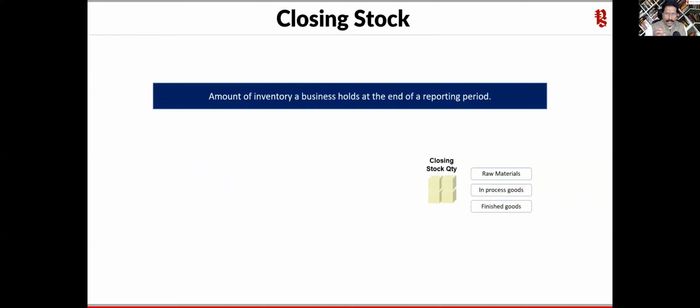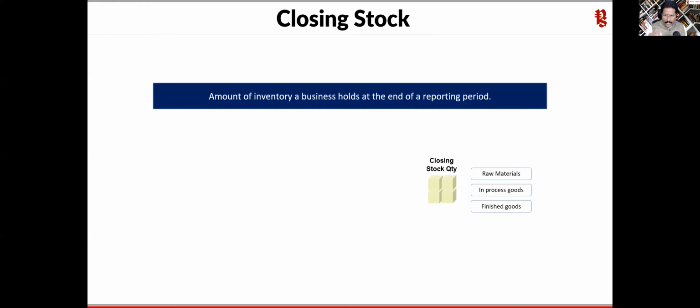So generally, the valuation of the closing stock that you traditionally do at the end of the financial year is to arrive at the value of the stock that you are holding, which is going to form part of the assets of the organization. So basically your closing stock is those inventories which are unsold on the date of your financial reporting.